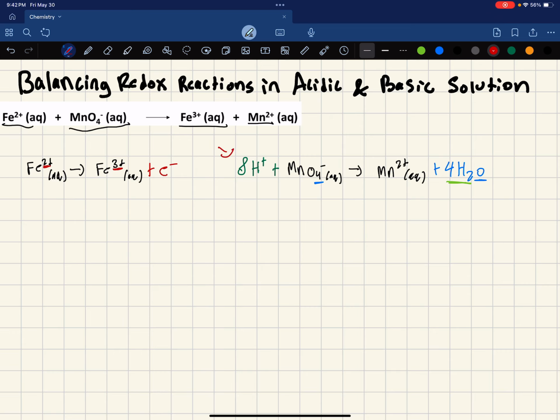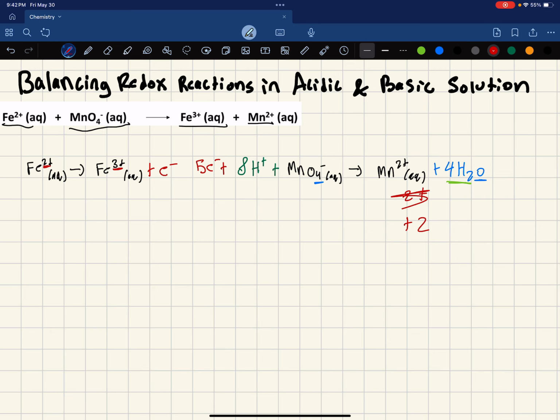However, on this side, it is not so simple because we have 8 plus from the hydrogen and a minus 1 from the oxygen. And we have a 2 plus here. So we know this side is plus 7 charge and this side is a plus 2 charge. So we have to add 5 electrons to the left-hand side to balance, right? So now it's balanced as well.